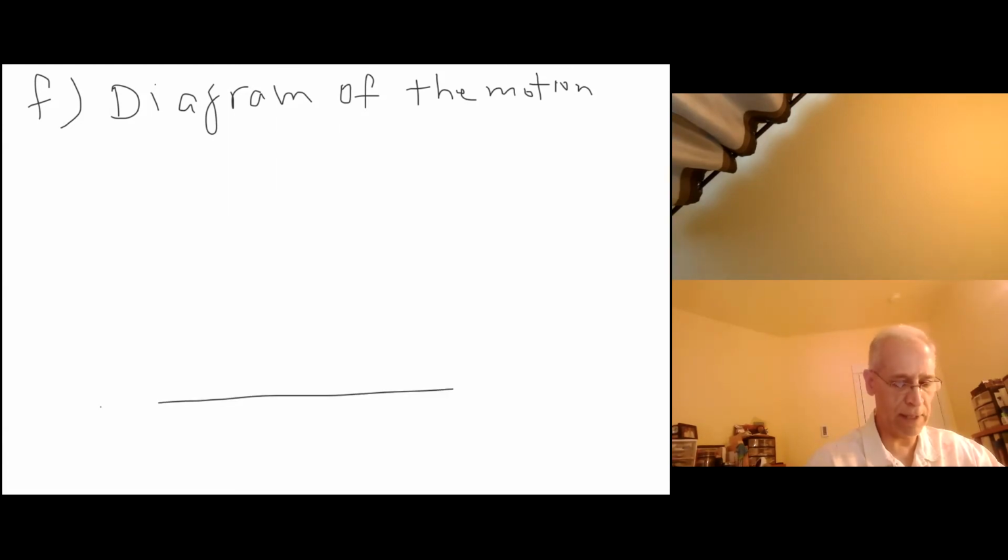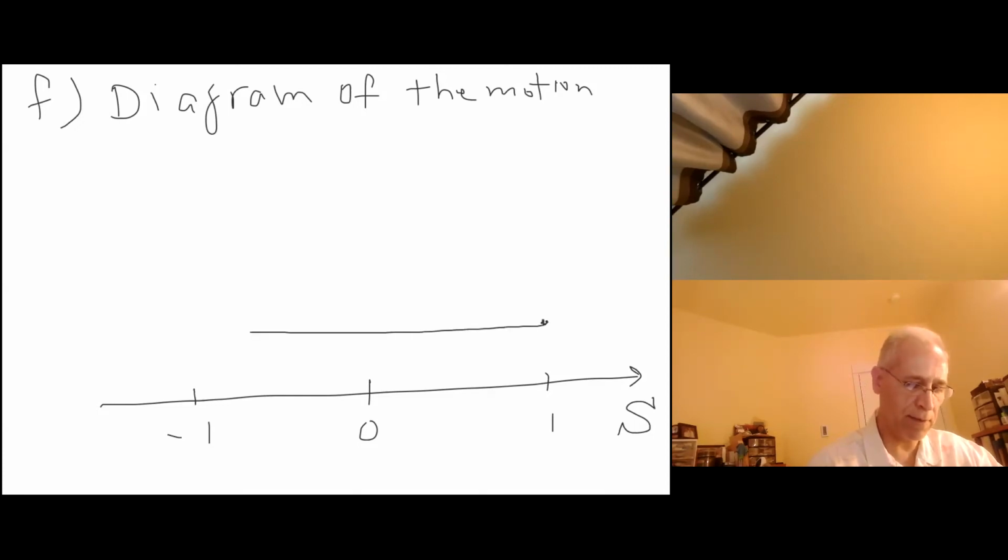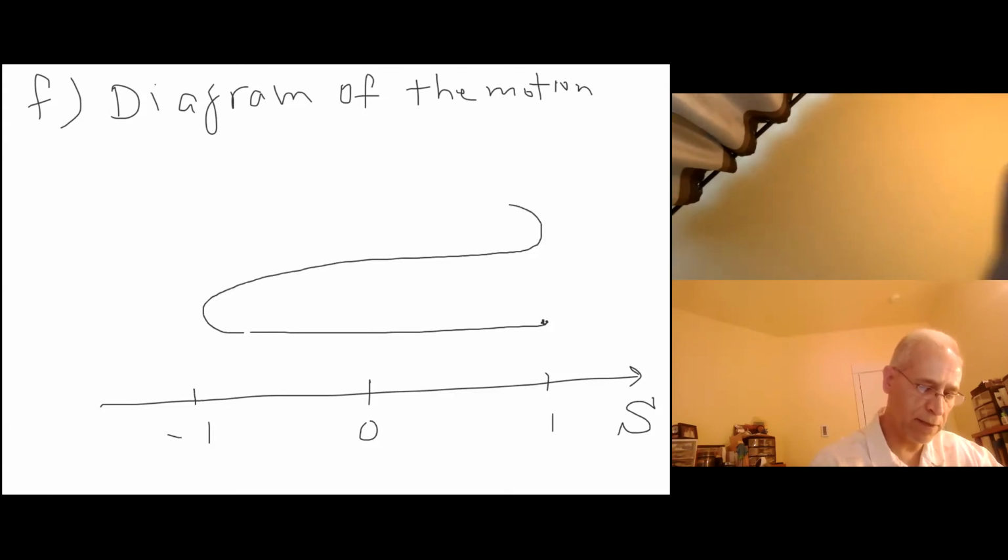So if this is our position, let's say that 0 is in here. Let's say negative 1 is here, and positive 1 is in here. So we have something like this.